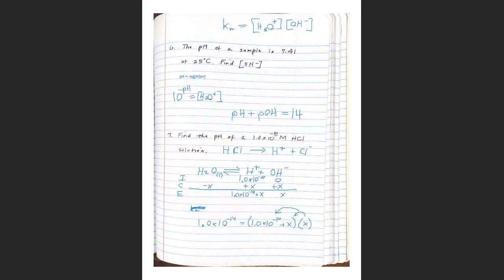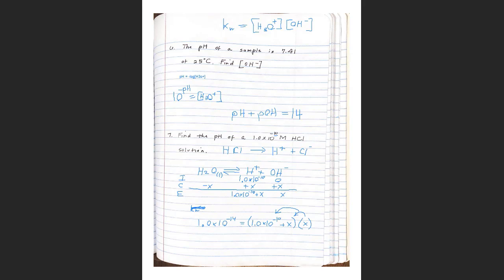For example, if I had 1 molar or even 0.1 molar acid, it would start with 0.1 molar and then add X to both sides. Well, you'd end up adding 1 times 10 to the negative 13th to both sides. So 0.1 molar plus 1 times 10 to the negative 13th is pretty minimal.